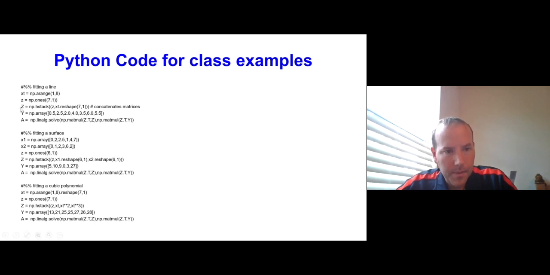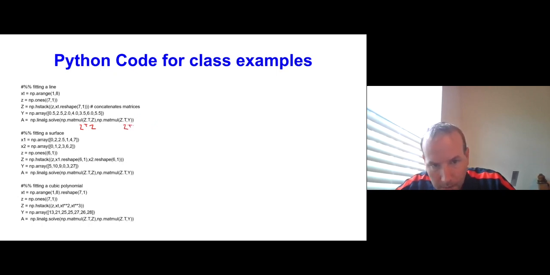And then you need to calculate the y matrix, which are the data points that we're going to compare this to. And then this down here at the bottom is the linear algebra solve command. This is the ZTZ. Let me write that down. Z transpose Z, and it's using the matrix multiply, and then is being solved against ZTY. Okay.